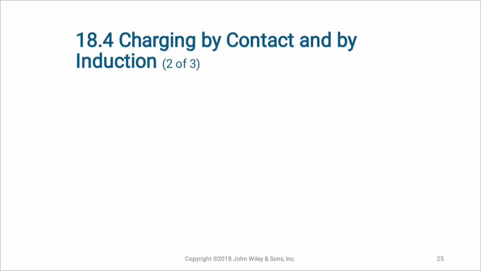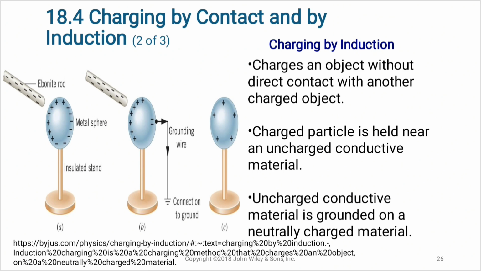Next, charging by contact and by induction. We're done with contact and we're now proceeding to induction. At this point, it is charging an object without direct contact with another charged object.